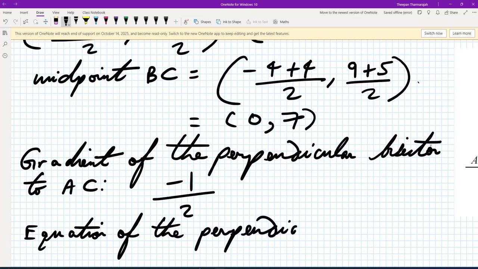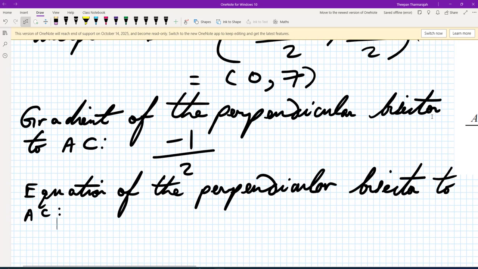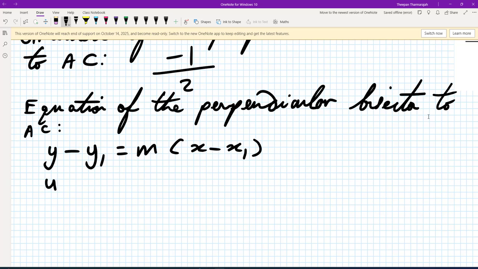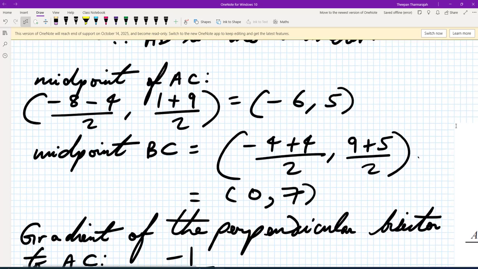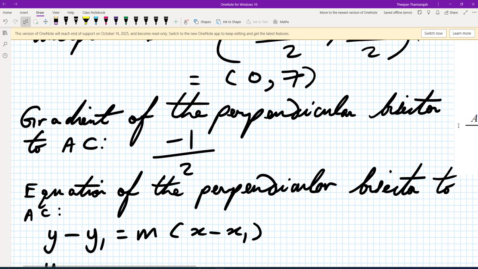Well, we've now worked out that the gradient of that line is -1/2, so it's the standard formula: y minus y1 is m times x minus x1. In our case, we want the midpoint of AC, so it's y minus 5.